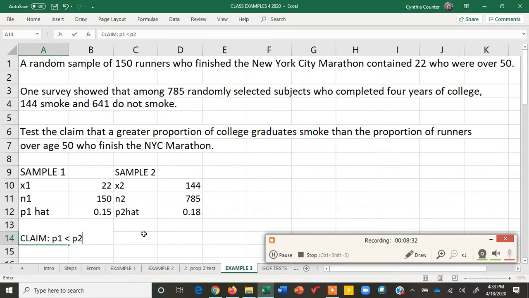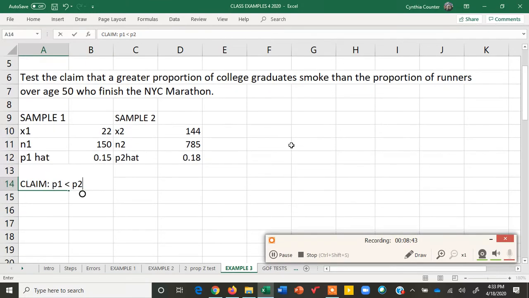And if there is a significant difference, we say that the difference is statistically significant. Our claim then is a less than, so we will be doing a left-tailed test. So the null hypothesis is always equality, and here we are testing that P1 minus P2 equals 0.